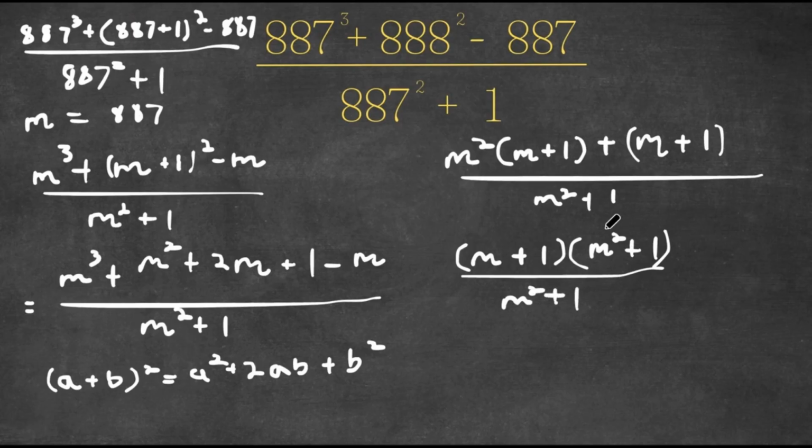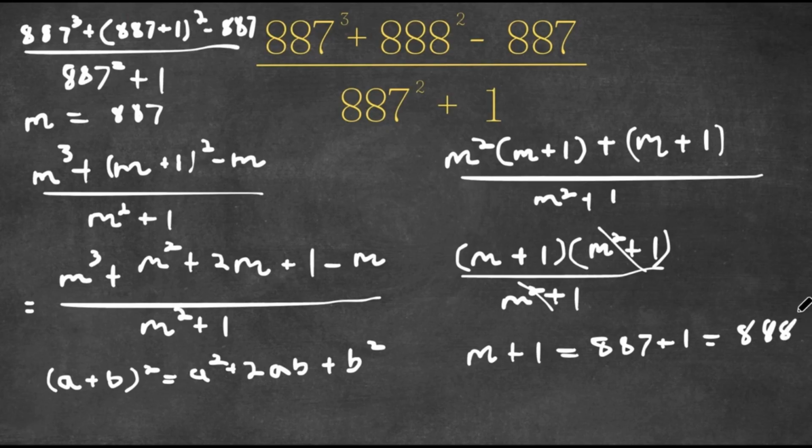And as you can see, these two are the same, so we could simply cancel these out. And we are simply left with m plus 1. Remember, m is equal to 887. So this would be 887 plus 1, which is equal to 888. So this is our answer.